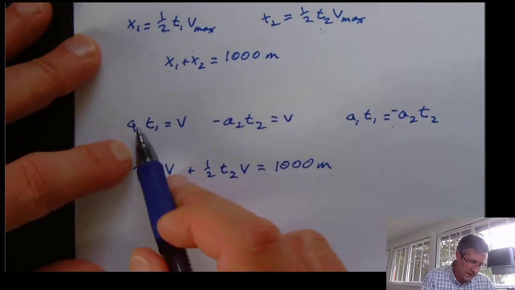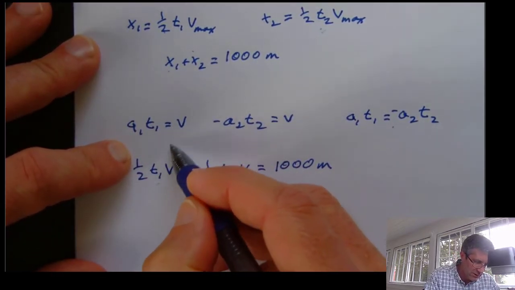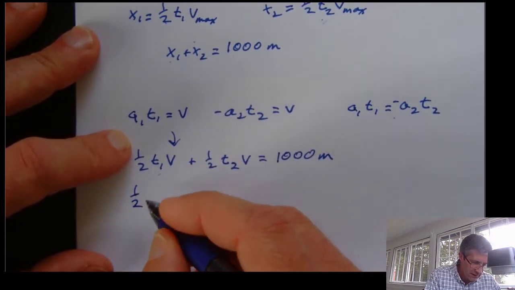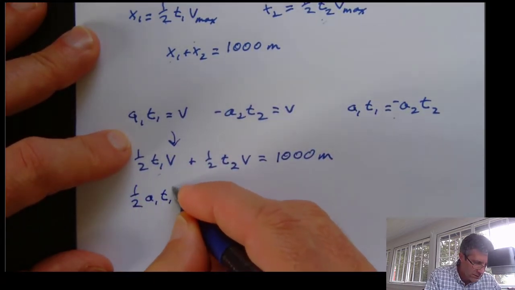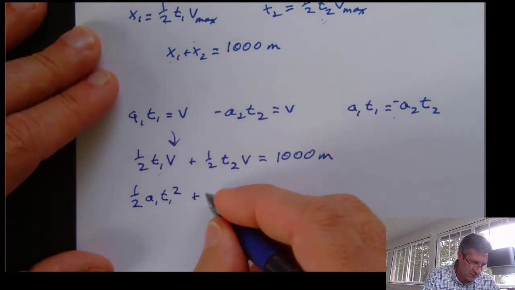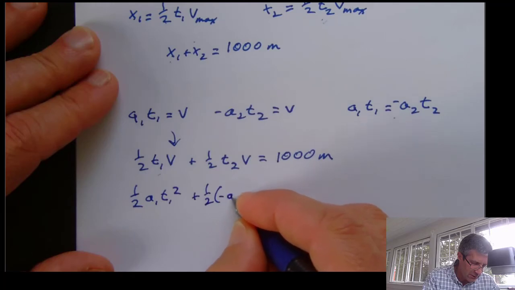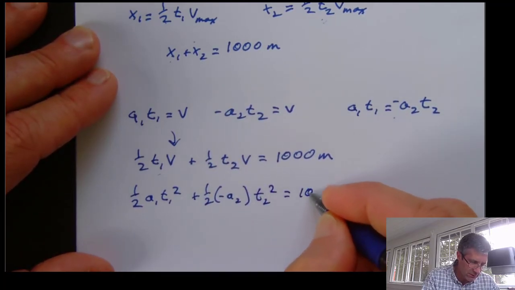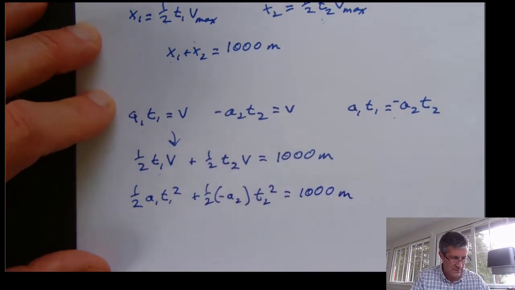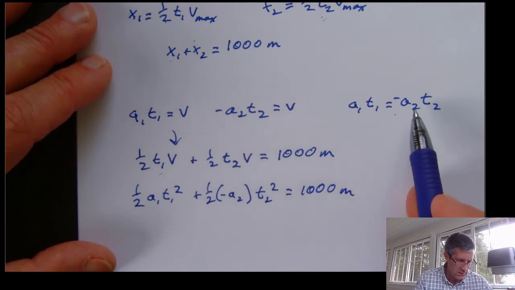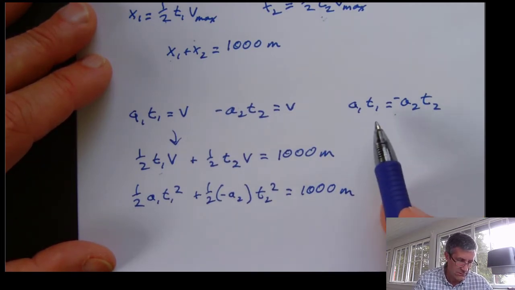Okay, so let's see. I'm going to plug this in here. So I'm going to end up having 1/2 a1 t1 squared plus 1/2 negative a2 times t2 squared, and this is equal to 1,000. And I know there's a relationship between these two.